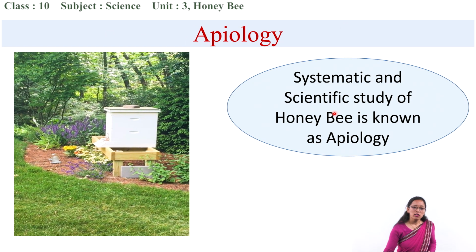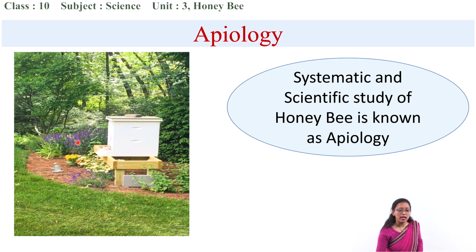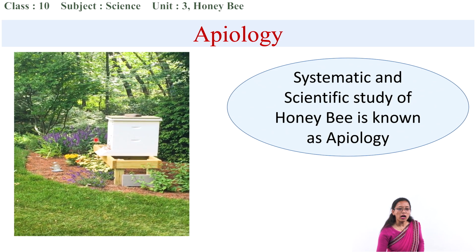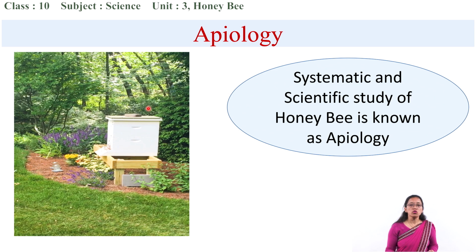Now next, in this picture you can see there are so many bees coming out of small holes and going somewhere else. They are collecting nectar from the flowers, etc. Then how these honeybees grow, what is the structure of the honeybee, how they reproduce, and what is its life cycle, all those things are studied under the branch of biology called apiology.